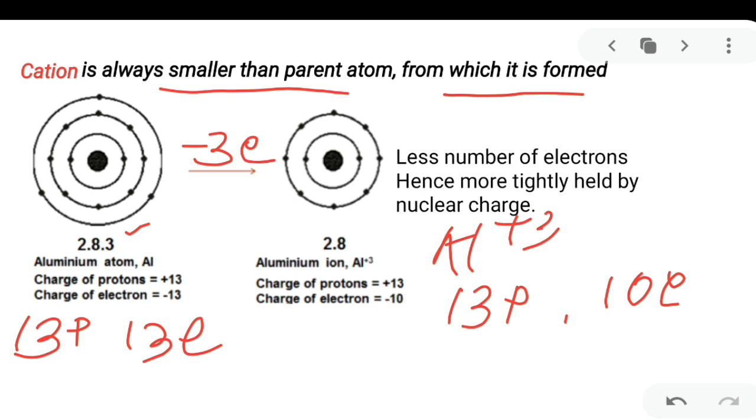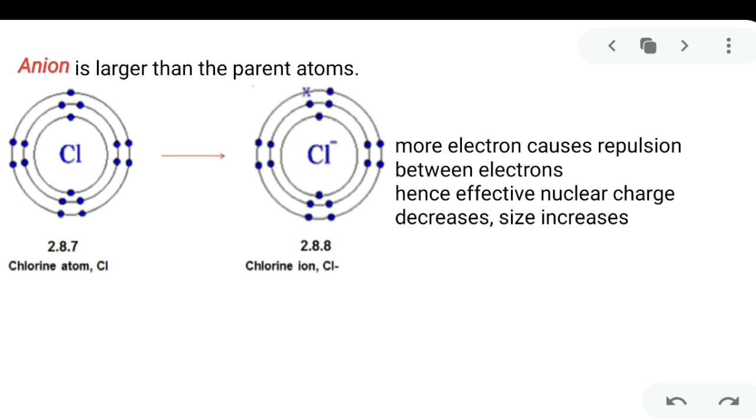Now let us have a discussion on the size of the anion. Anion is larger than the parent atom, because how is anion formed? When the neutral atom gains the electron, it forms the anion. You can see one example here in case of the chlorine atom. Chlorine atom consists of 7 electrons in its outermost shell. So when chlorine atom gains 1 electron, in that case it forms Cl- ion.